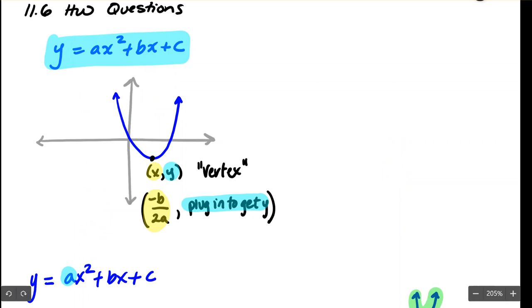All right, so what we just found is that the x coordinate of the vertex, negative b over 2a, was equal to minus 2. The next step, because the vertex is an ordered pair, an x comma y, is to plug into my original formula to get the y coordinate. Because I've got blue going on here with the a's, I'll quickly change to another color.